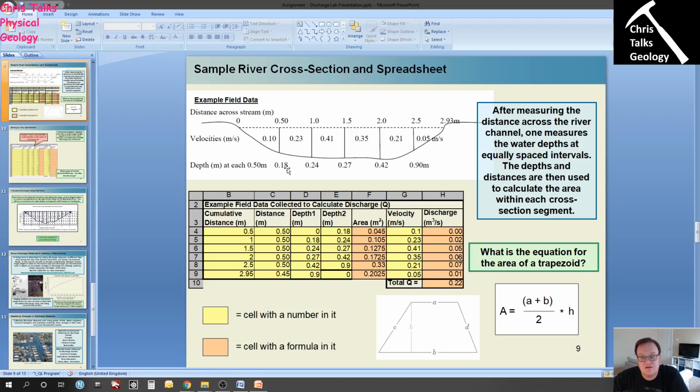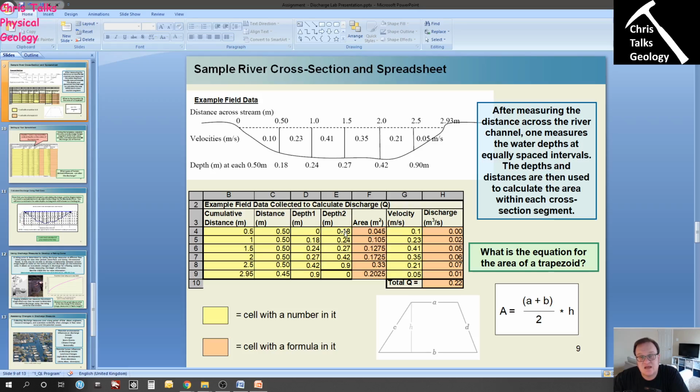And I know the depth here is going to be 0.18. So there's depth 1, 0. Depth 2, 0.18. The other thing I know is I want to know the width of the slice. So it goes from 0 to 0.5 meters.